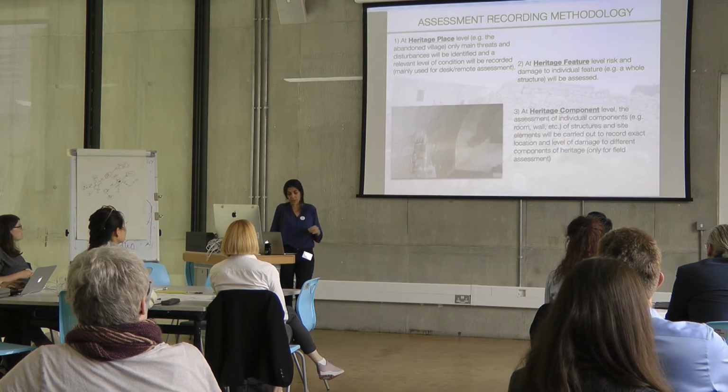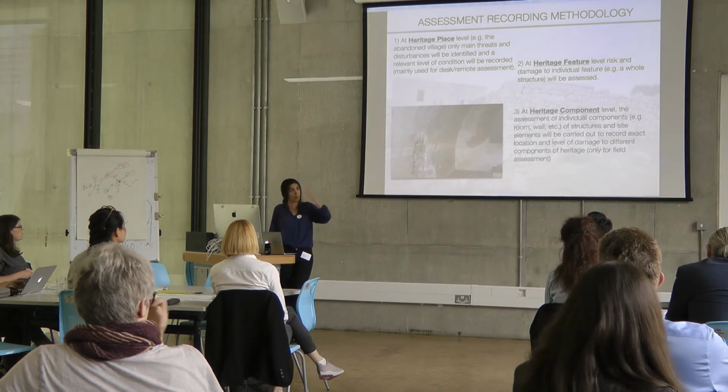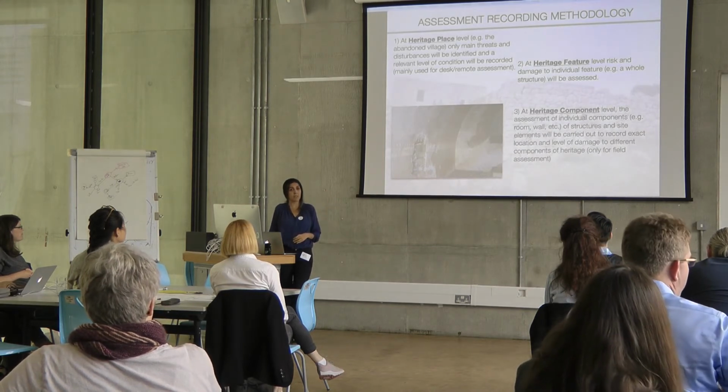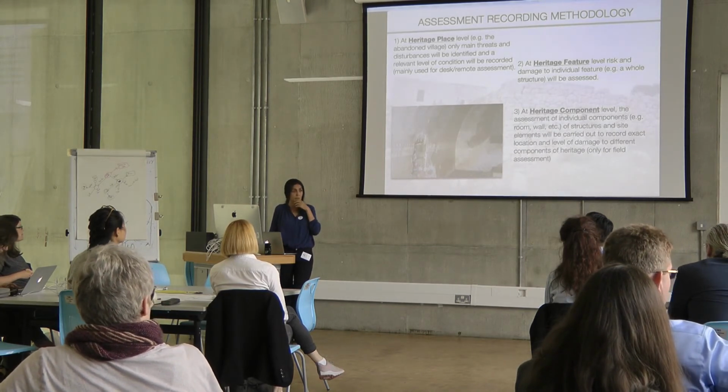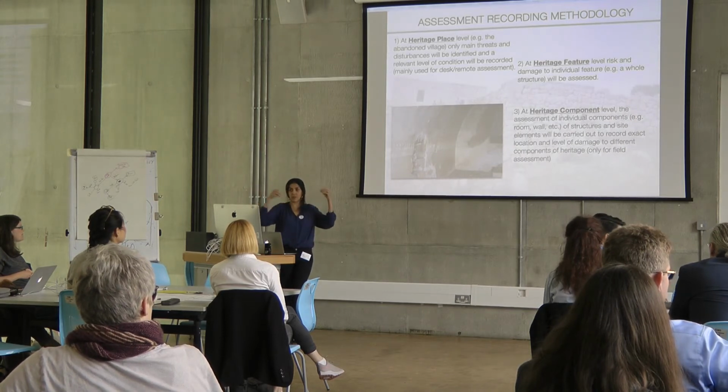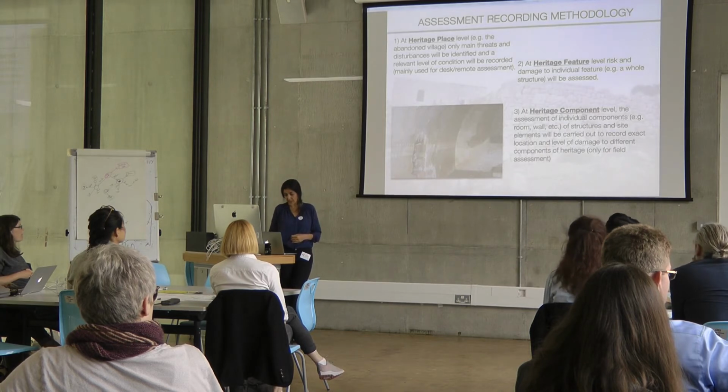And for the component level, where you're looking at different components of each building, we use the building extension to record exterior, interior, and all the different components, and that's where we do more detailed damage assessments.